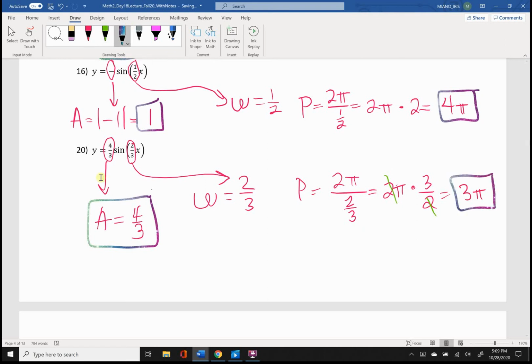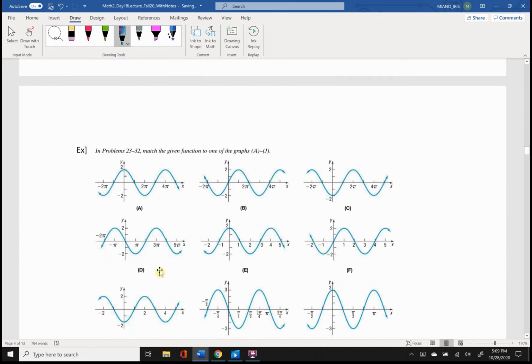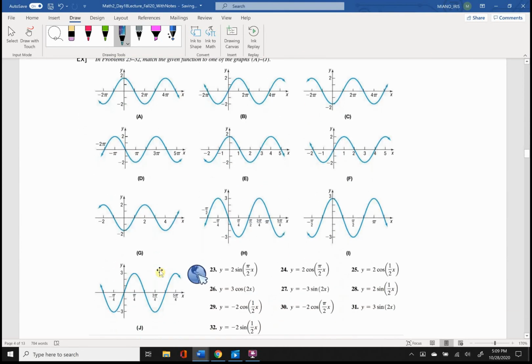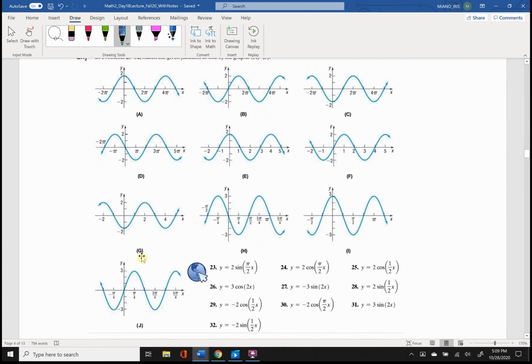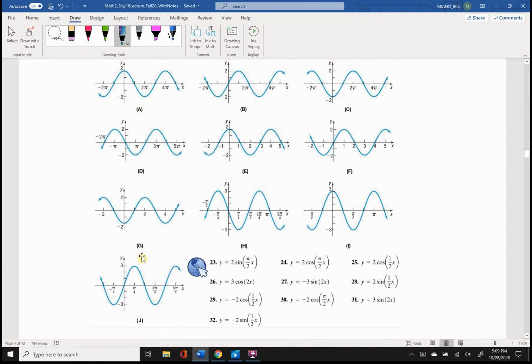All right, moving right along, let's do some matching. You will see an exorbitant amount of sinusoidal graphs here, so sine and cosine graphs of amplitudes ranging from 2 to 3, and depending on the sign of the multiplier in front of your either cosine or sine function, that'll determine the look and positioning of either the y-intercept or the movement from the y-intercept over to the right.